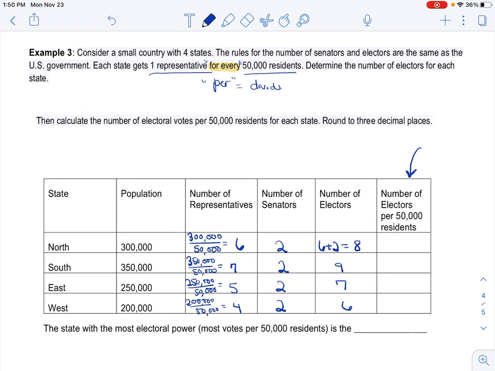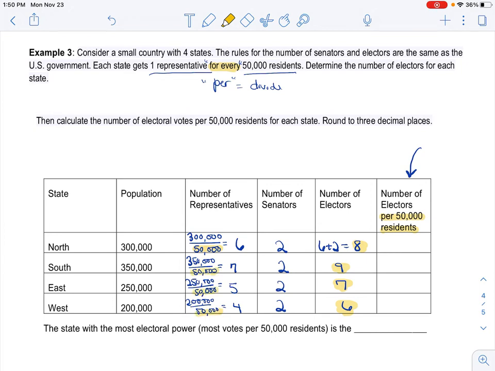Okay, so this last column. What it's getting at, it says it wants to know the number of electors per 50,000 residents. All right, well, we know already the number of electors. We also know how many we have per 50,000. That is exactly what we found here. We did everything per, we divided by 50,000.